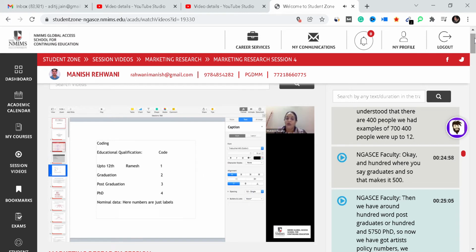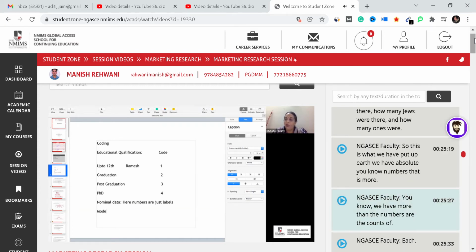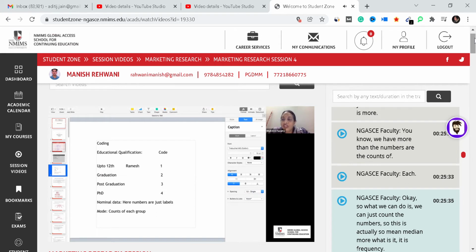So now we have numbers. We know how many 4s, how many 3s, how many 2s, and how many 1s there were. So we have absolute numbers, the counts of each group. What we can do is just count the numbers.